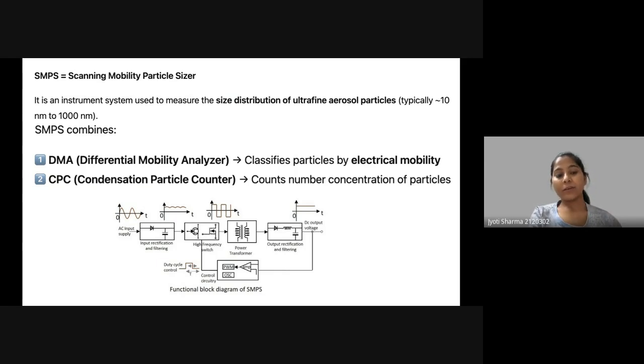And then we have CPC, the condensation particle counter, that will count the total number concentration of particles that we have, the nanoparticles. So this will help us get the size distribution of ultrafine aerosol particles. And that's how, because this uses two different techniques in one, it is the scanning mobility particle sizer.